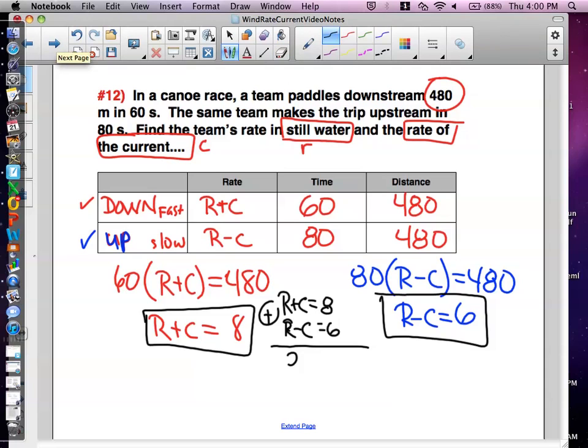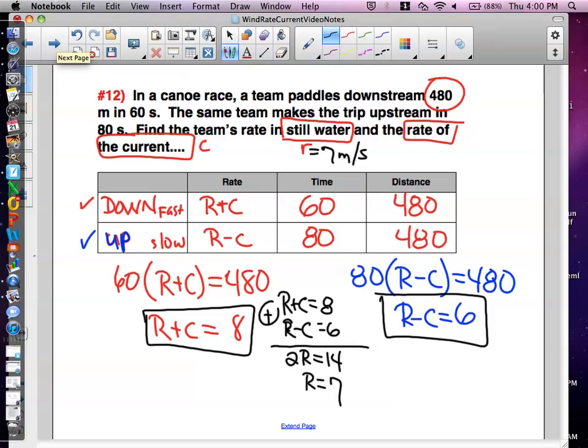Adding these together. Now, the R stands for the rate in still water. So the rate in still water would be 7 meters per second. And it's easy to see without much calculation that the rate of the water is 1 meter per second.